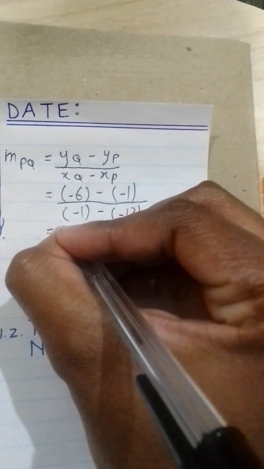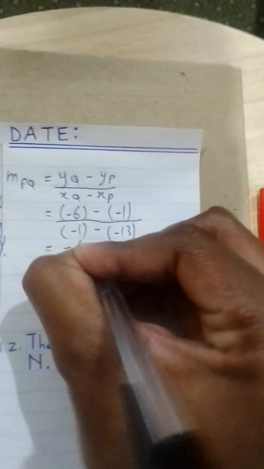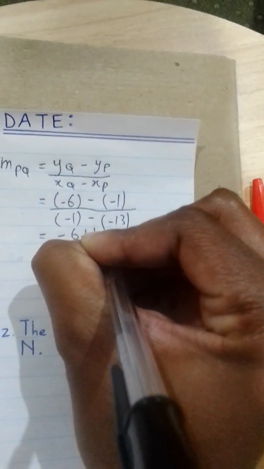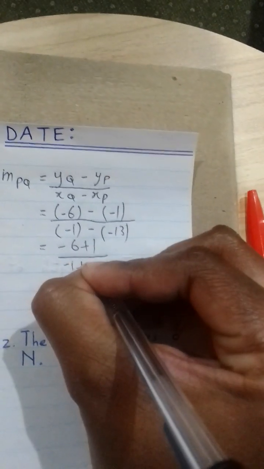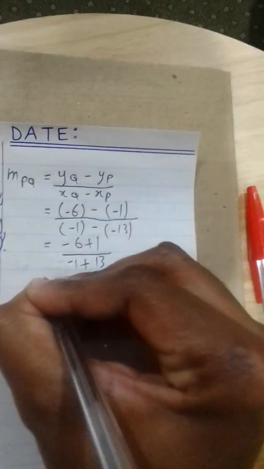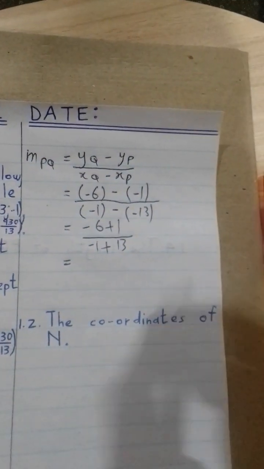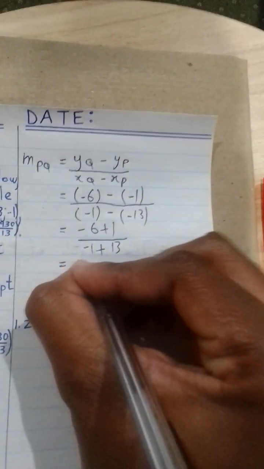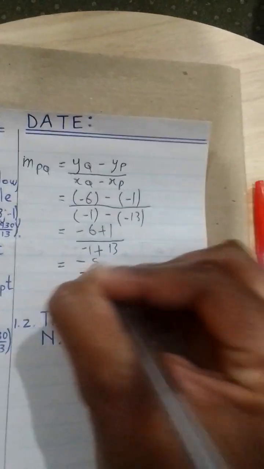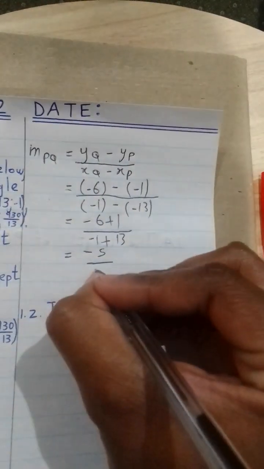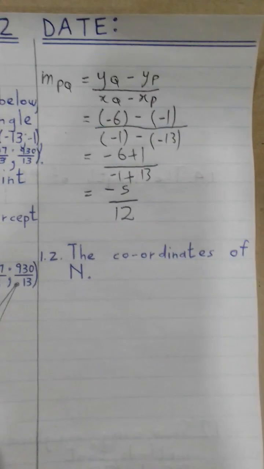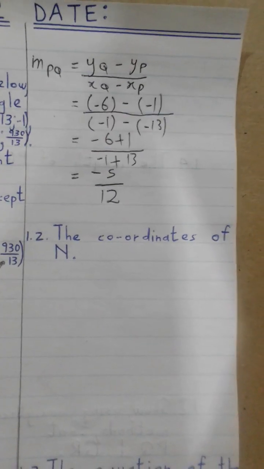So this is going to be negative 6 plus 1 over negative 1 plus 13. Negative 6 plus 1, negative 5, over negative 1 plus 13, 12. Okay, hope that was clear and I hope that makes sense.